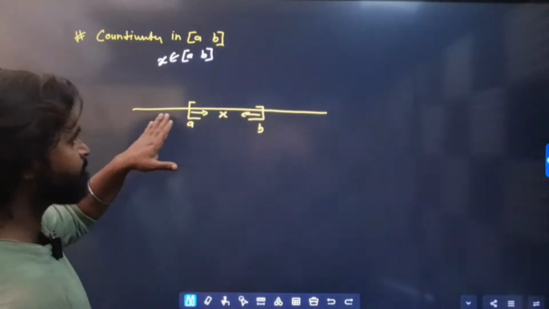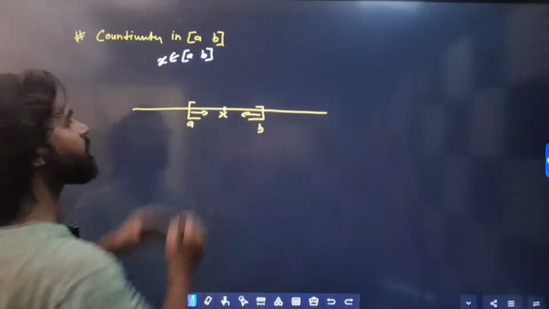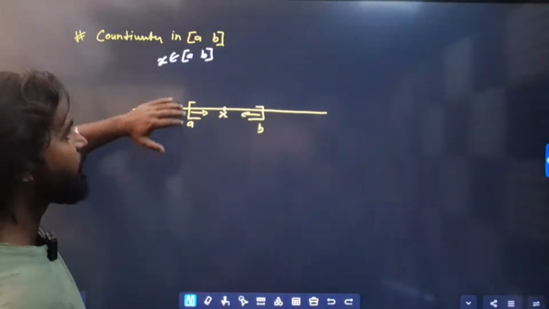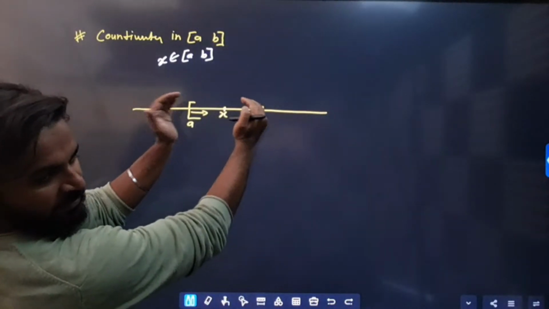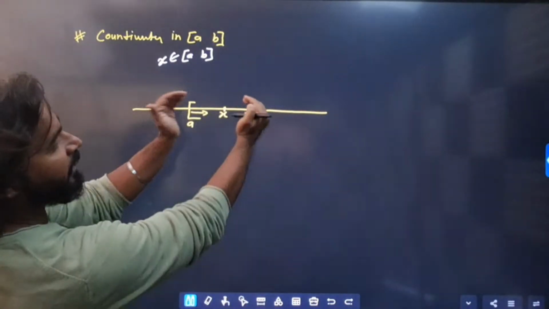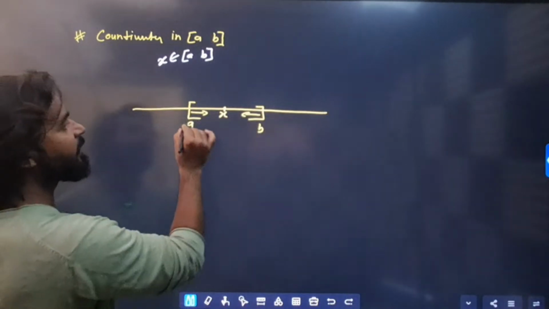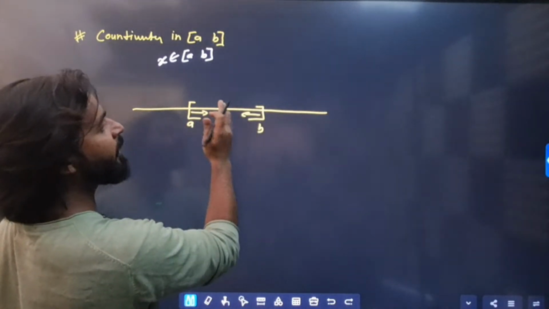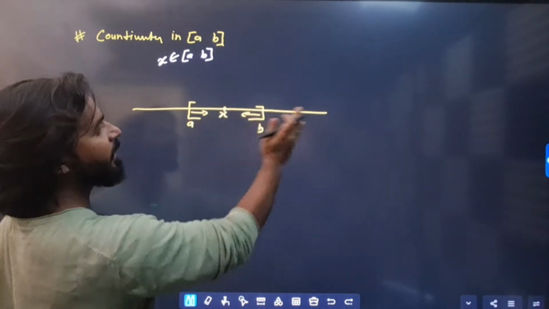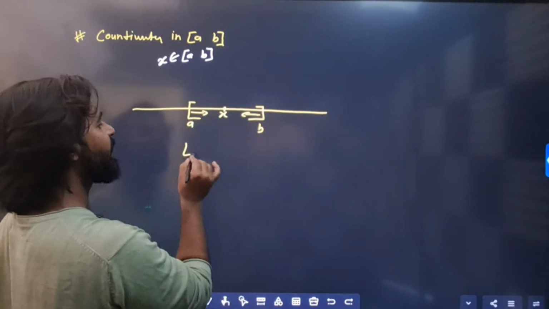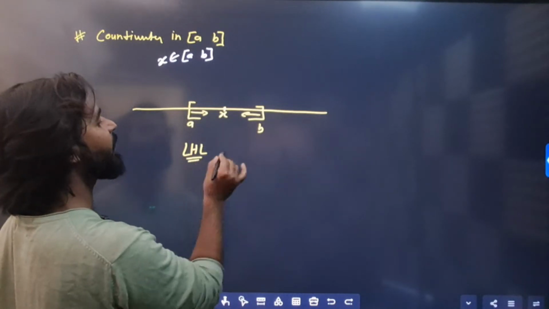So this point, okay, so left of a, before a nothing. The interval is only a to b. It means from this portion you go to the left point, and from the right you go to the point, and the left hand limit means a minus h.